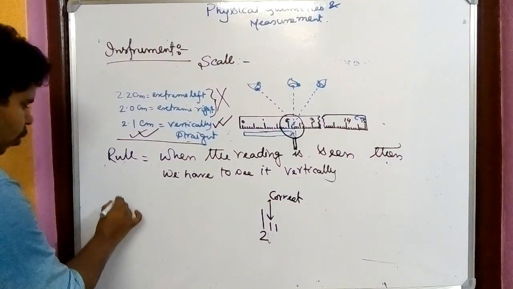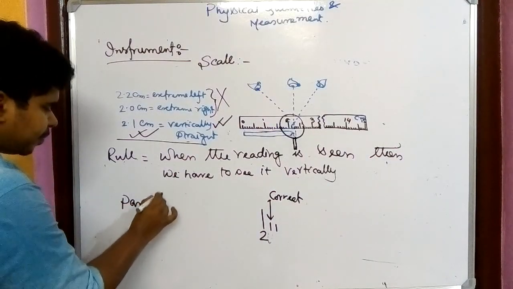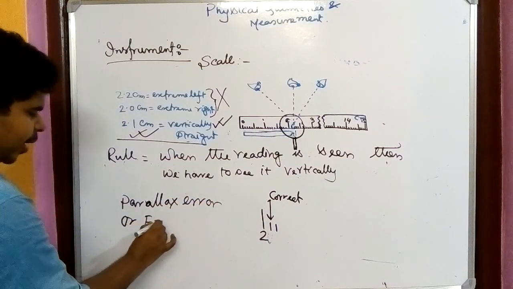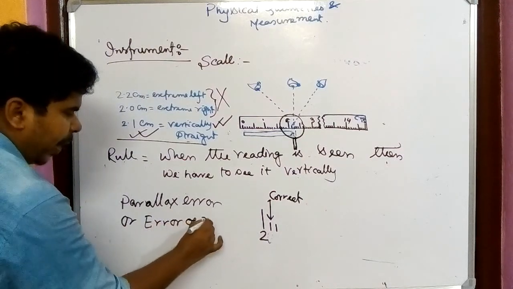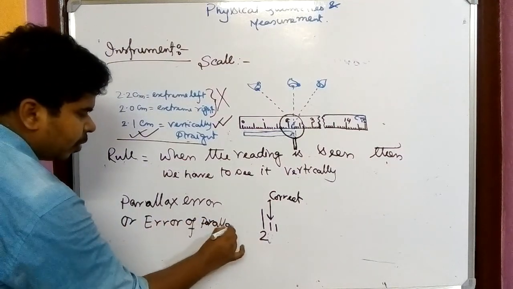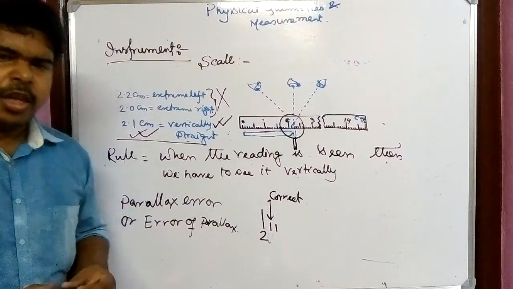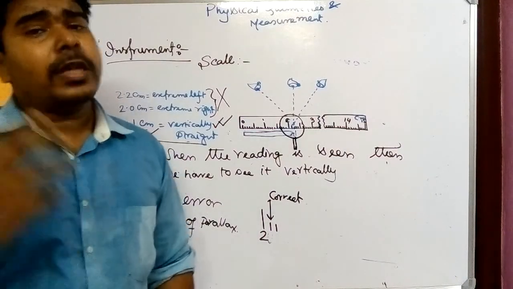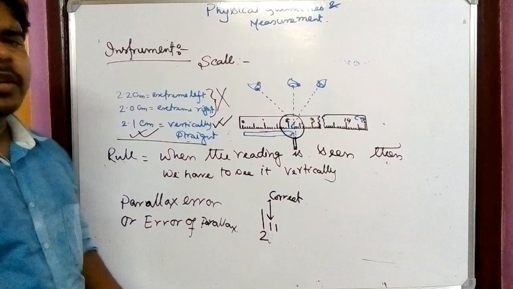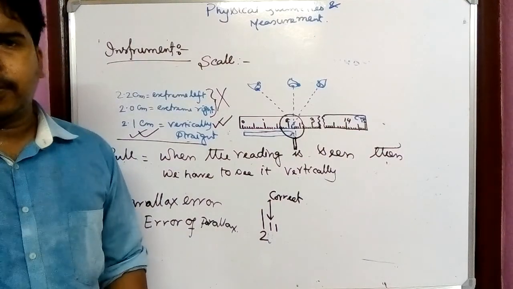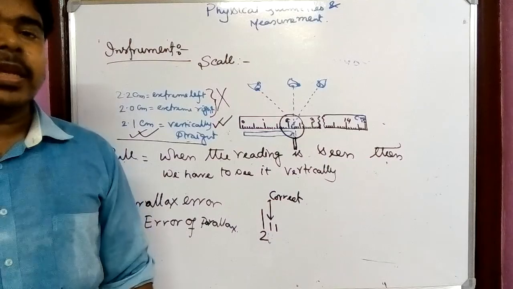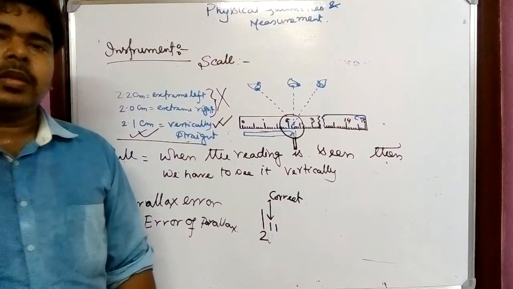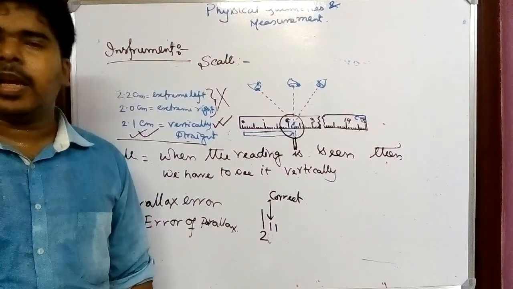This error is known as parallax error, or error of parallax. If we shift our eyes at a certain angle to see the reading of a scale, then the exact value will be shifted parallelly, and that is known as parallax error. We cannot see the exact value from a different angle.